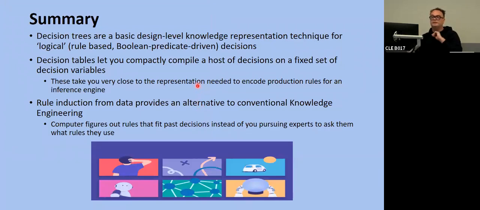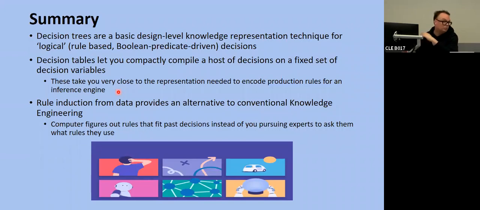All right. In summary, decision trees are a basic design knowledge representation technique for logical, rule-based, Boolean, predicate-driven decisions. Decision tables let you compactly compile a host of decisions on a fixed set of decision variables. These take you very close to the representation needed to encode production rules for an inference engine.